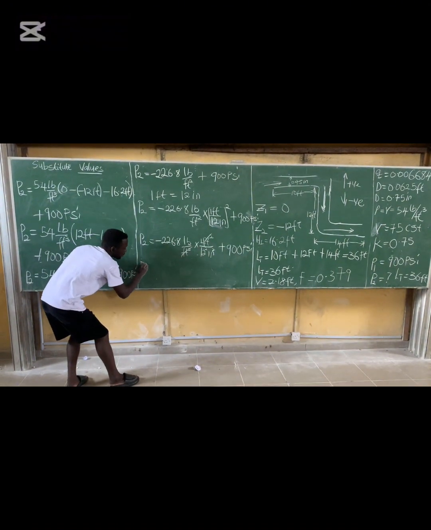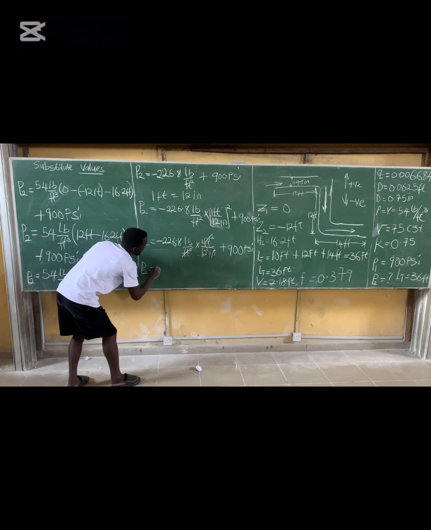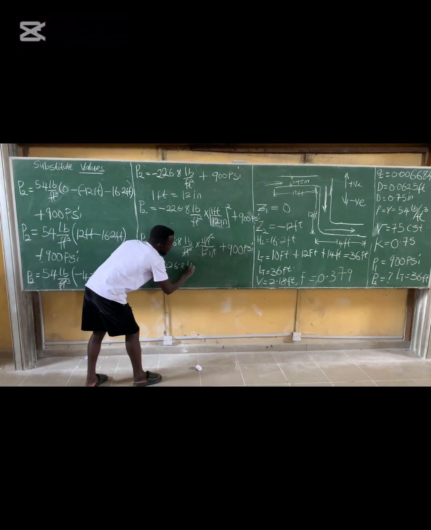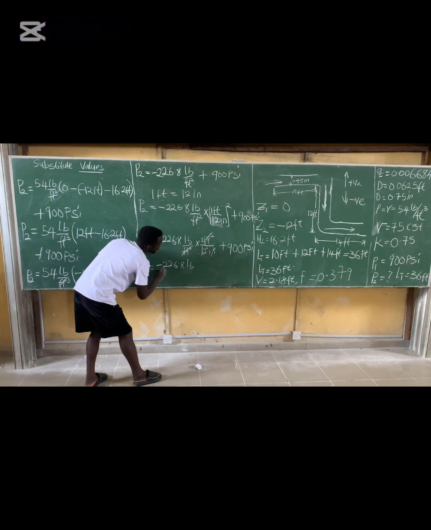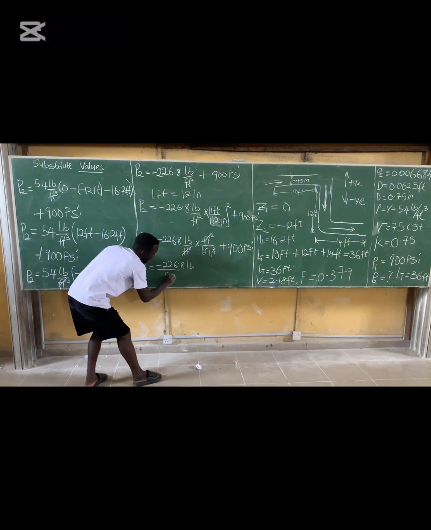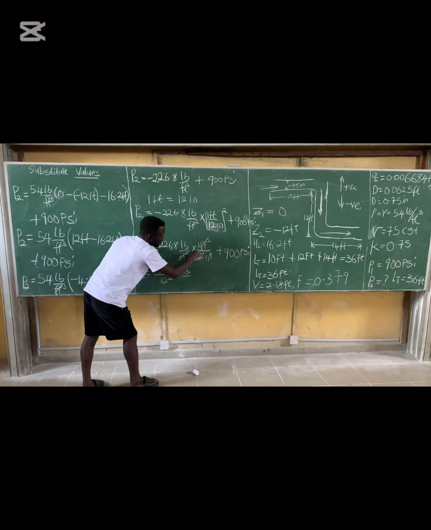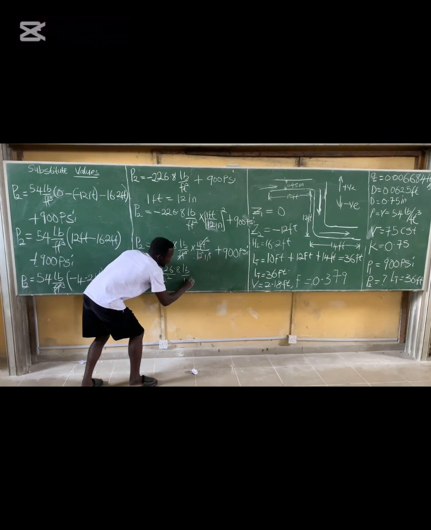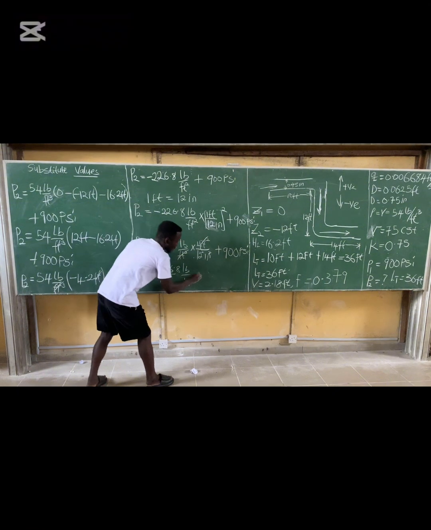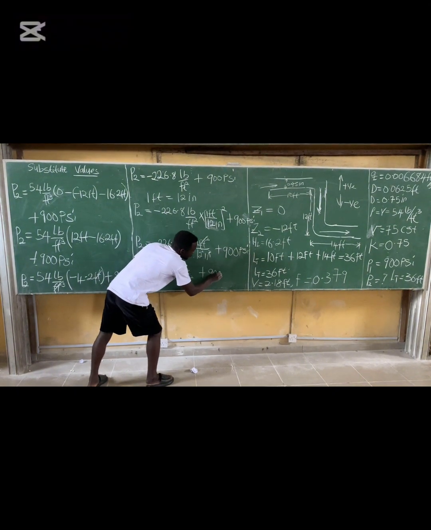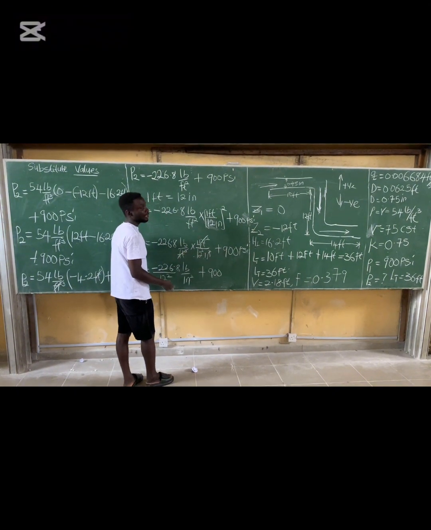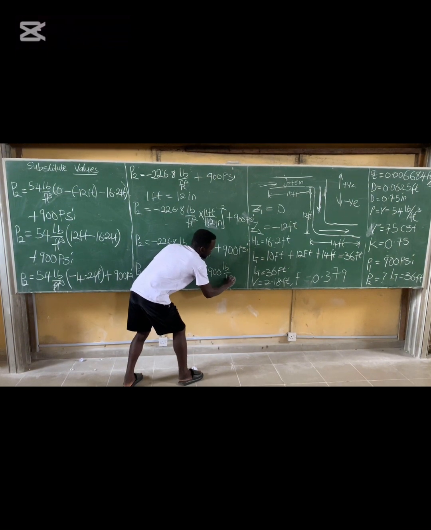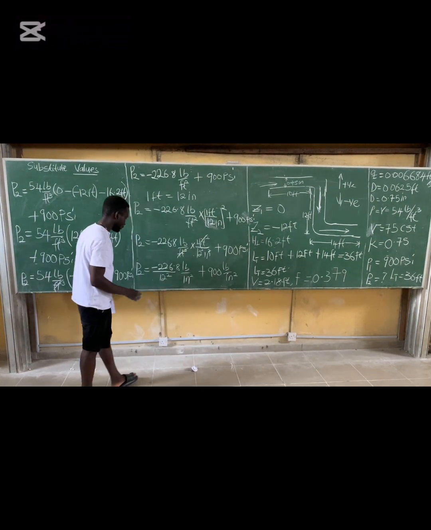So this will give us P2 equal to minus 226.8 pounds divided by 12 squared, pounds per inch square. Remember, feet cancel as well, leaving us with inch square, plus 900. Writing psi in the symbol form, it comes from pounds per inch square.